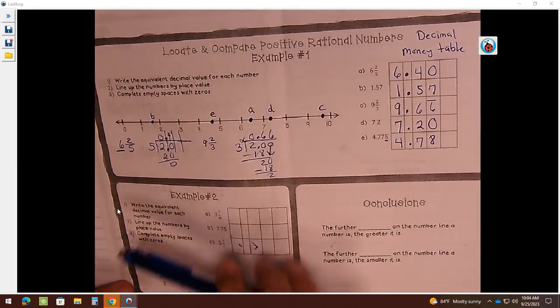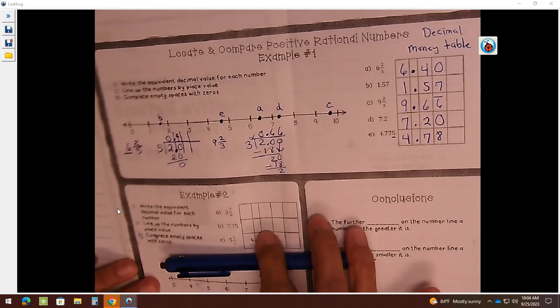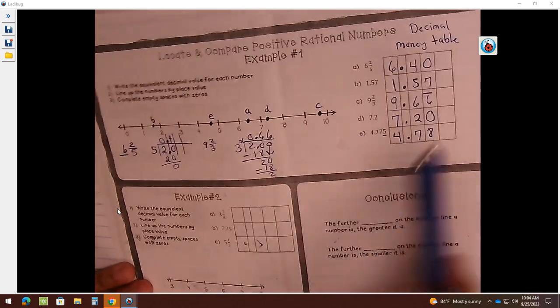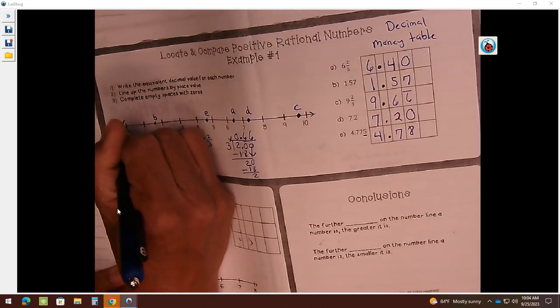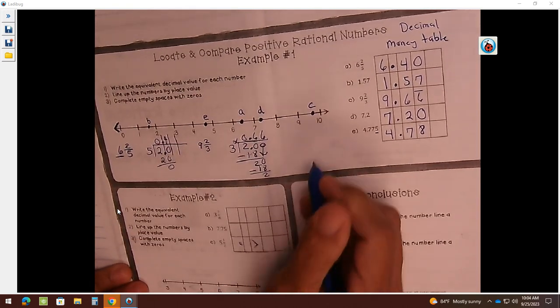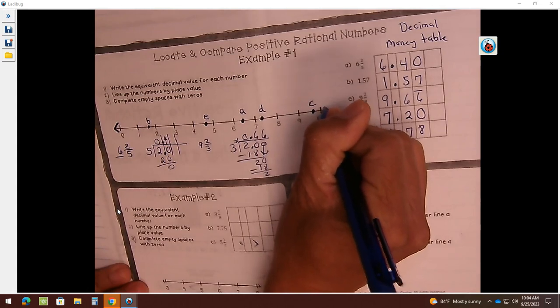Now that I have everything on the number line, I can put them in order if I wanted to. If I wanted to go from least to greatest, let me draw my L. There's the L. Where's the G? Over here on the right side.